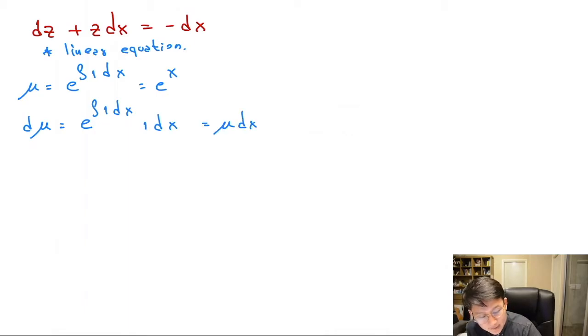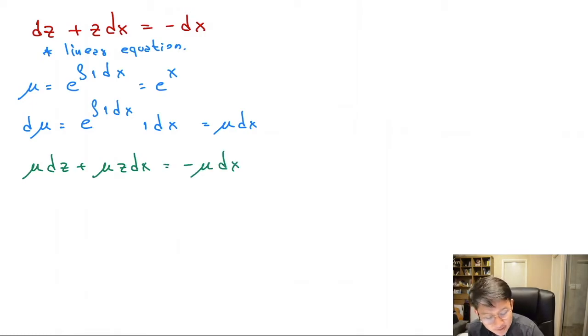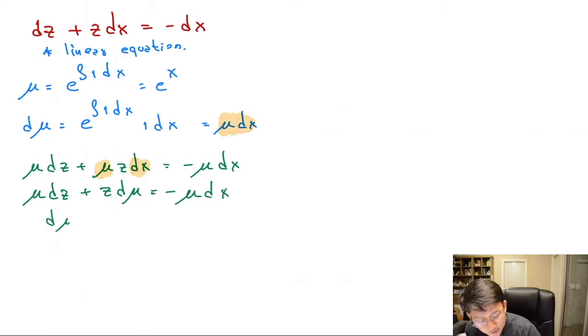So if I multiply the equation by mu, I get mu dz plus mu z dx equals minus mu dx. Here, mu dx is d mu. So it's mu dz plus z d mu equals minus mu dx. So we have d(mu z) equals minus mu dx.